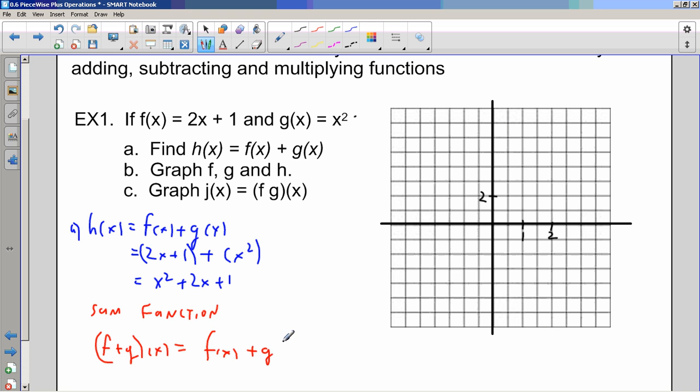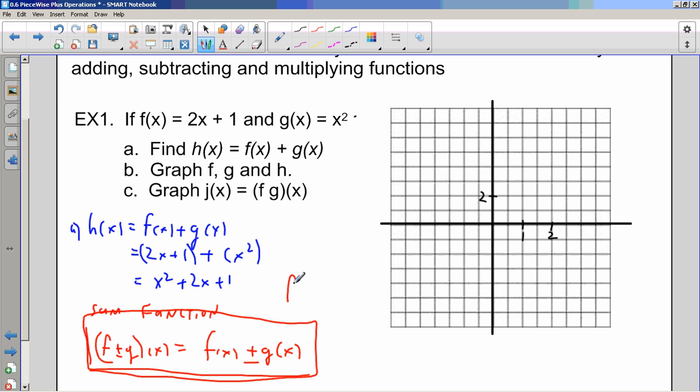So just notation-wise, we consider h at x this new function, the sum function. And you can probably guess what the difference function would be, right? Or in part C, we'll see it's a product function. All right, dandy, so just a little bit of notation. When I see f plus g at x, I know that I'm just taking the two functions, f and g, and adding them together.